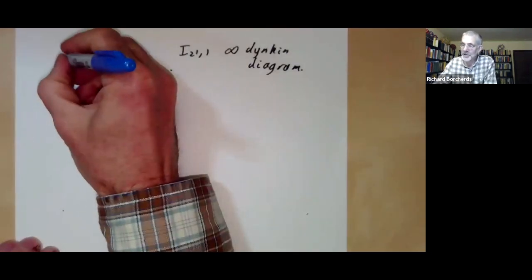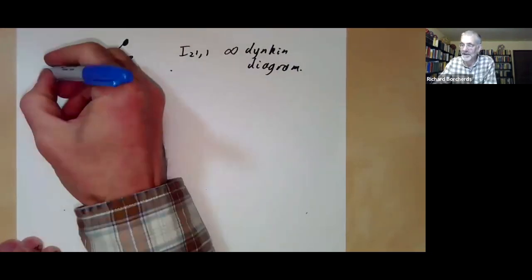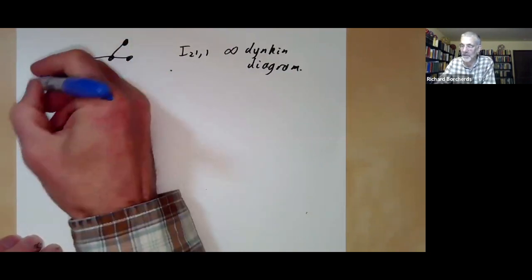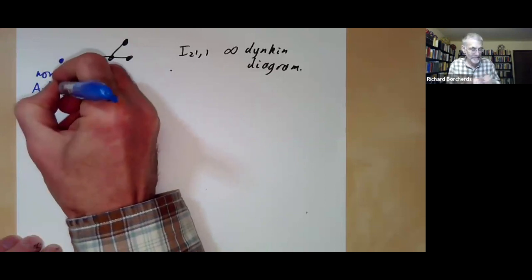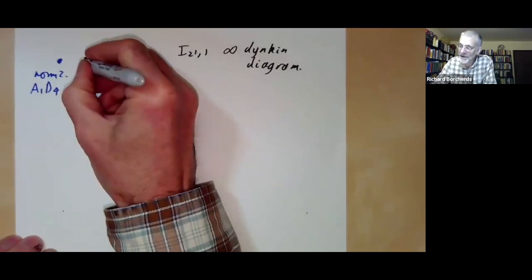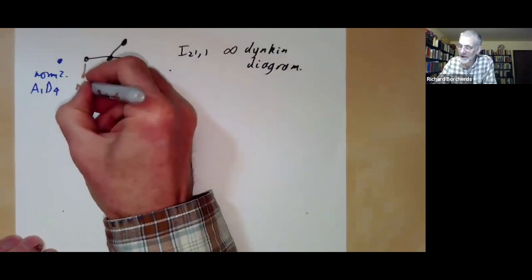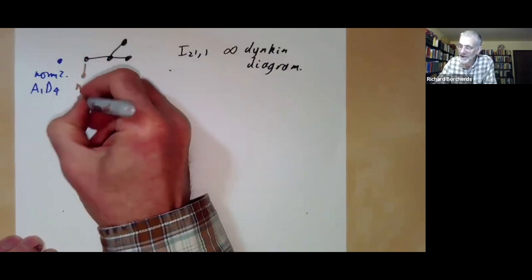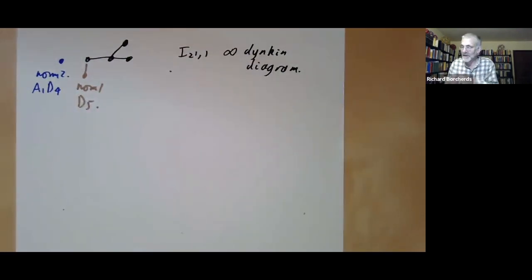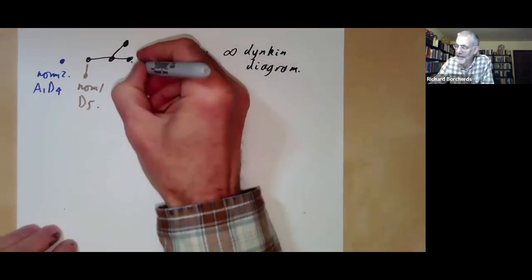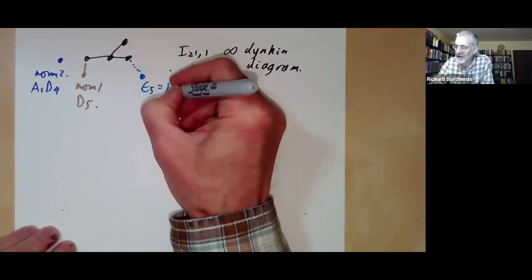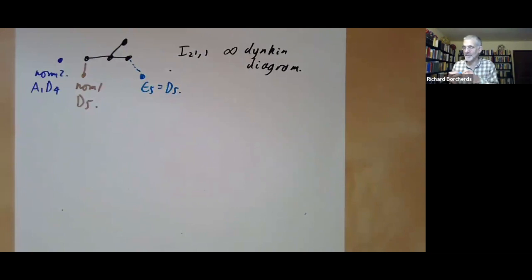Well, you can add a norm 2 vector there. So this gives us a Dynkin diagram A1 D4. Or we can add a norm 1 vector by doing this. So here we get norm 1, and we get a D5 Dynkin diagram. Or we can add an E5 Dynkin diagram. So we can add a vector here and get E5, which is really the same as D5 if you look at it.